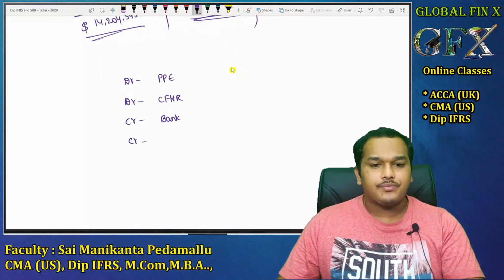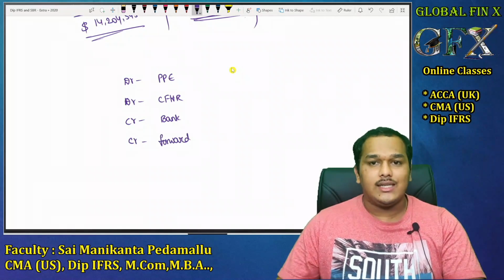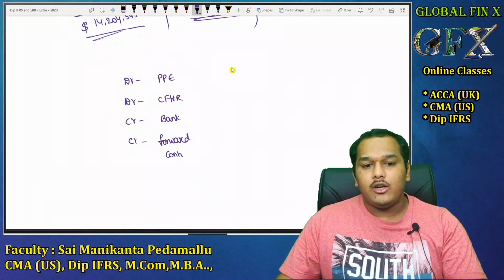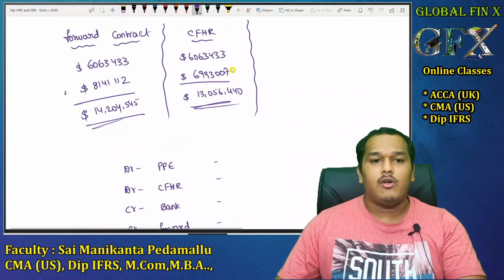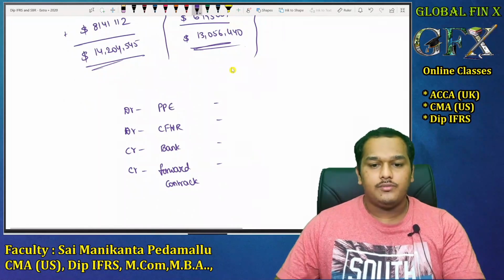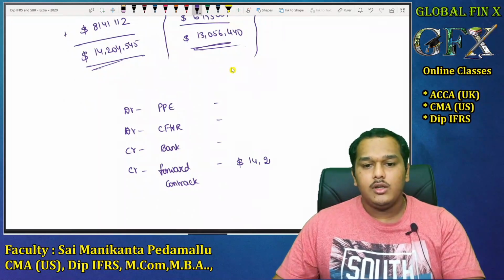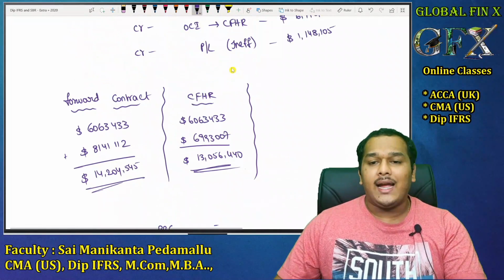Credit, anything else left? Derivative instrument, that is the forward, because it is now being settled. So forward contract will be settled off. What are the transaction values? Forward contract has a value of $14,204,545. How much will I pay to my banker?